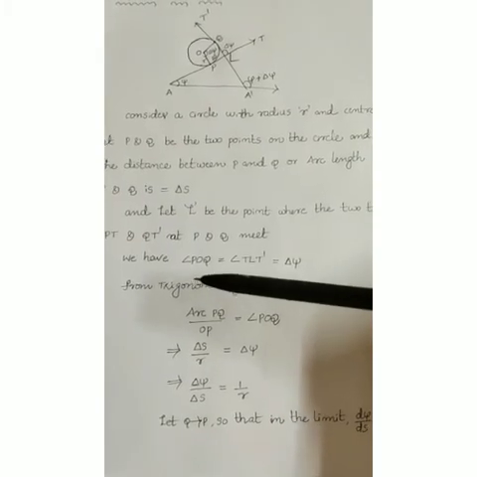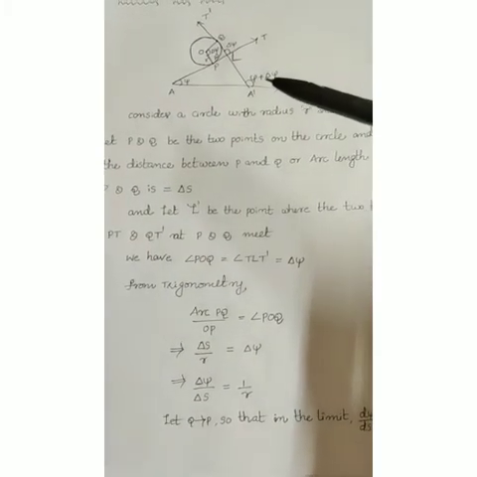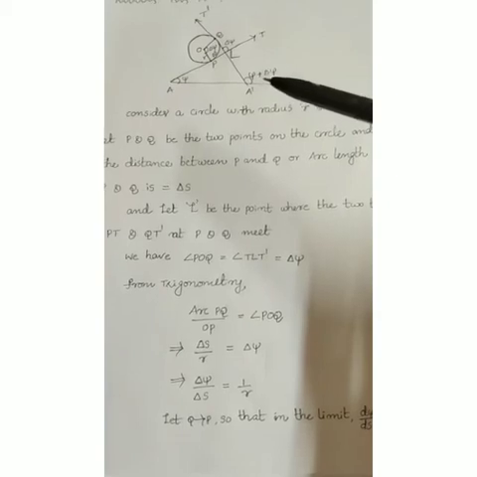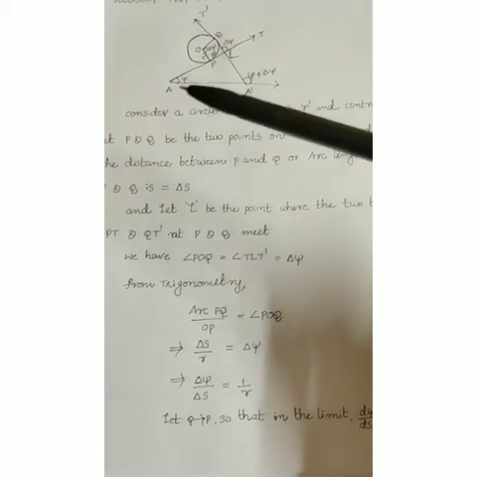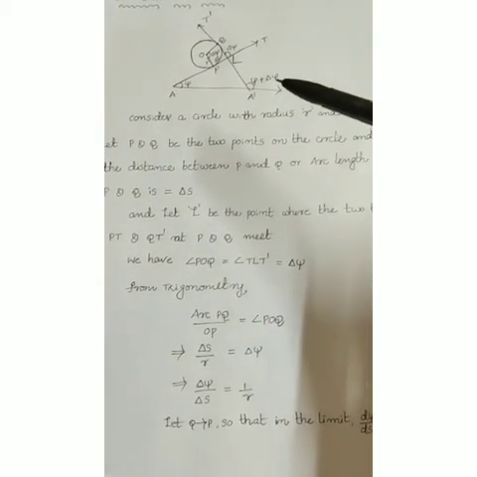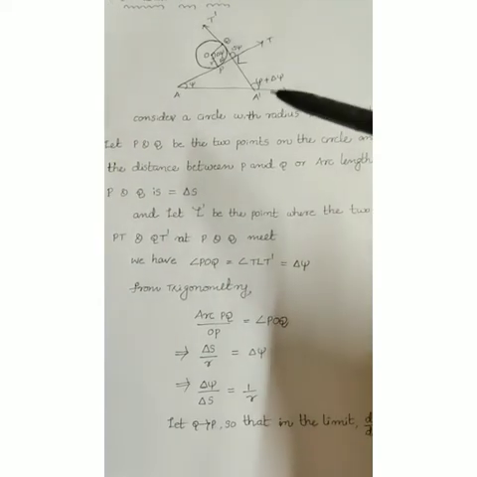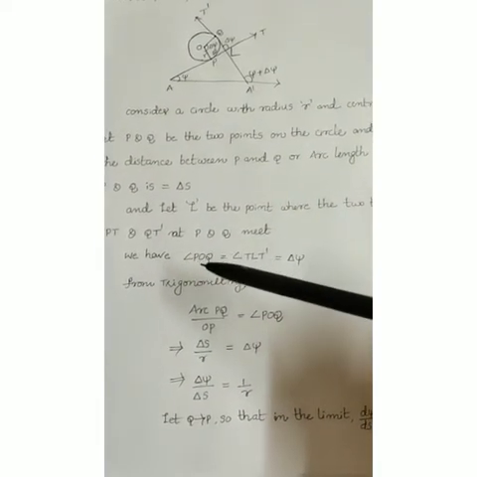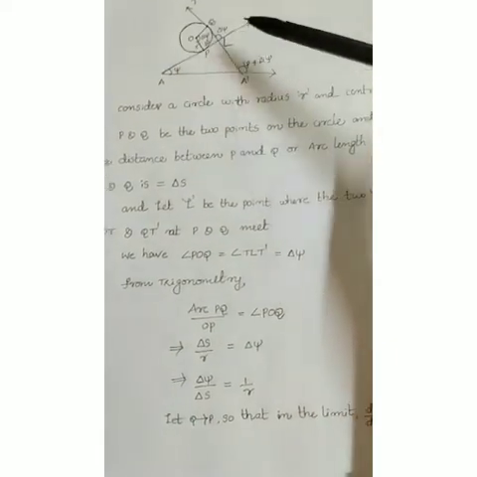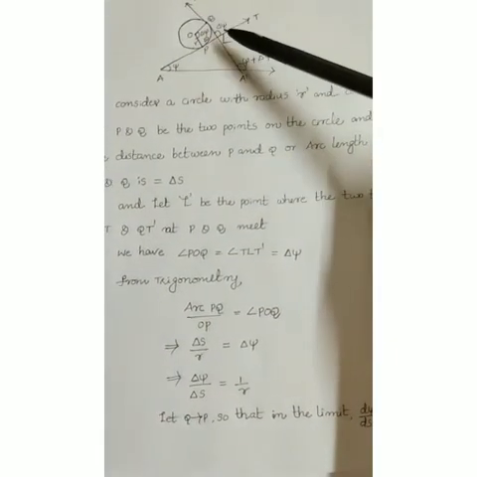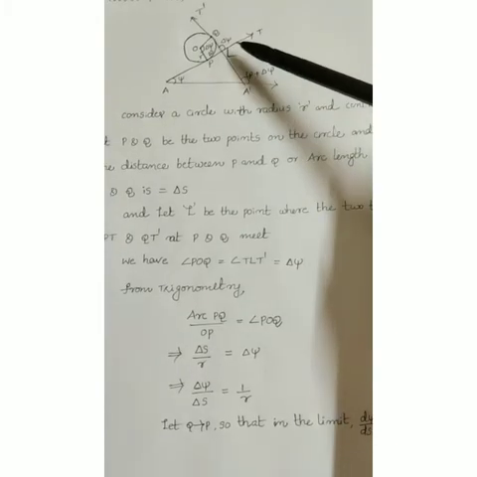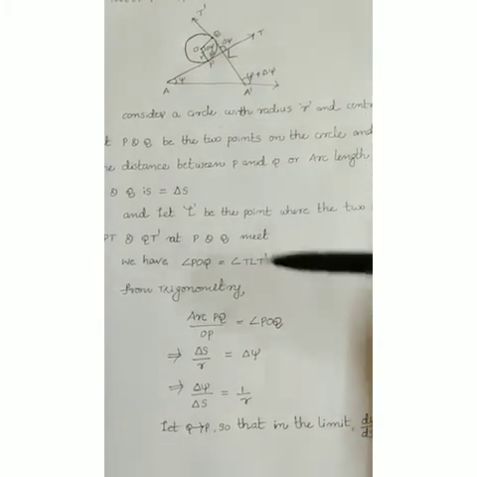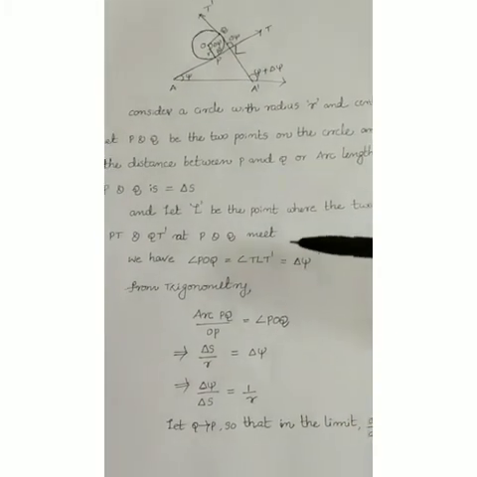Here we know that the sum of the interior angles is equal to the exterior angle, so psi plus delta psi. We have angle POQ in the circle. Angle POQ equal to angle TLT dash, so this is also equal to delta psi.